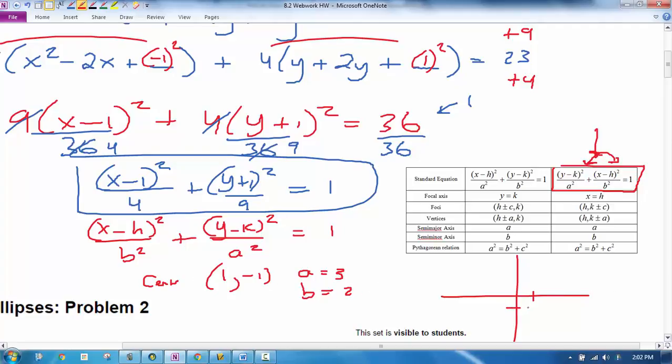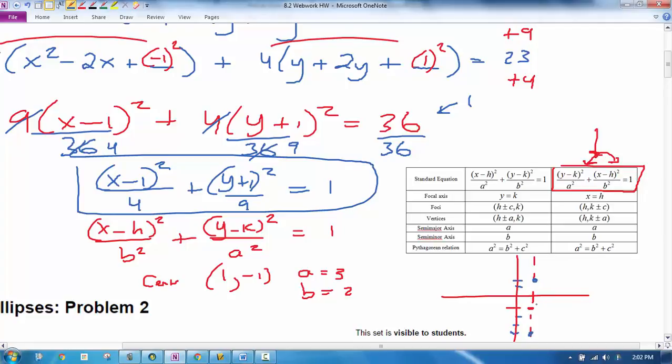So what this thing looks like, if you draw a rough sketch of it then, the center's at 1, negative 1, which is right here. Since we're in this column, we can see that the focal axis is the equation x equals h. So x equals 1 is the focal axis, which means this thing opens up or down. And if we go up 3, 1, 2, 3 to here, and down 1, 2, 3 to here, that's the major axis.